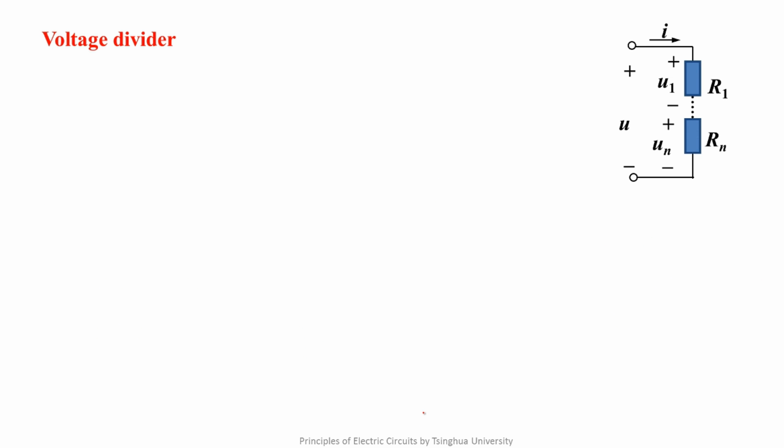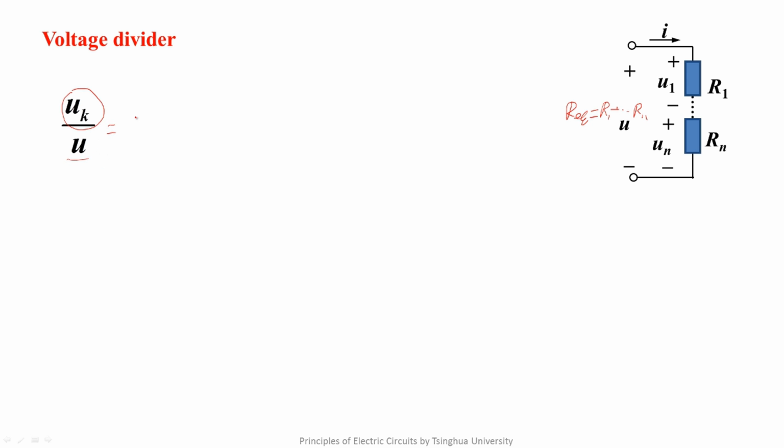After discussing the equivalent resistor of n resistors, let's talk about the very important voltage divider. As just discussed, we know that for this circuit, Req equals R1 plus Rn. Now we discuss that for any resistor, such as a resistor K, what is the proportion between its voltage and the total voltage?